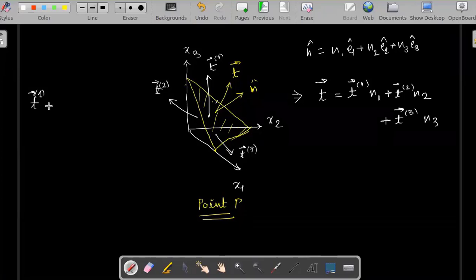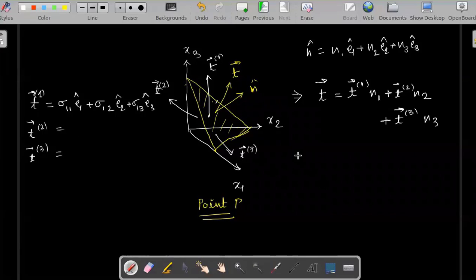So this T1, as we wrote in the previous slide, is sigma 1 1 E1 cap plus sigma 1 2 E2 cap plus sigma 1 3 E3 cap. Similarly we have written the traction vector on the other planes also. If you substitute these, what will you get?